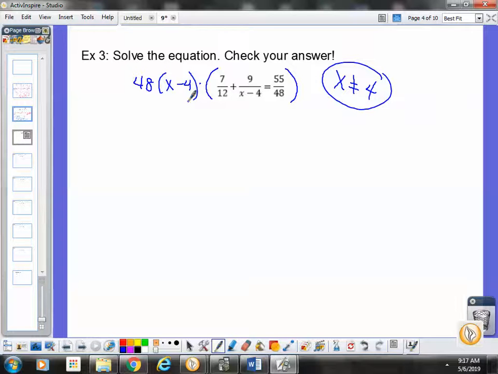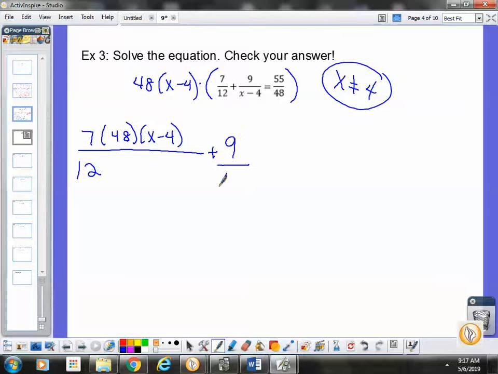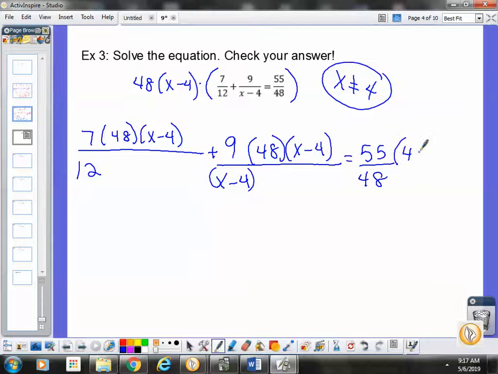Okay, so let's go ahead and distribute. After you have distributed, go ahead and try to simplify here.